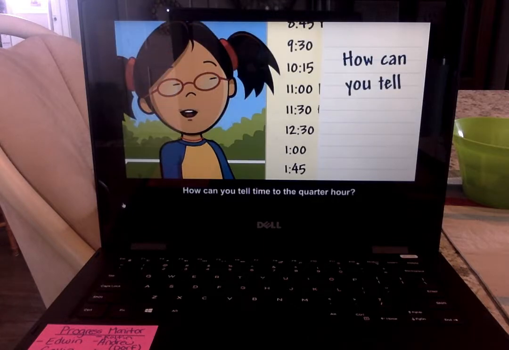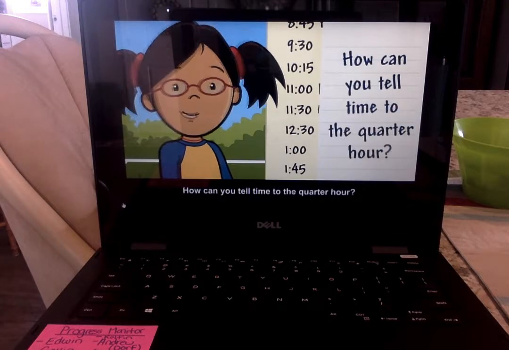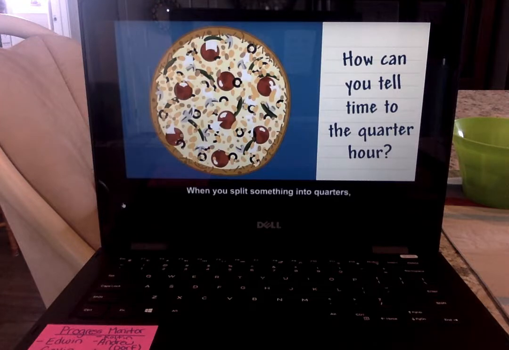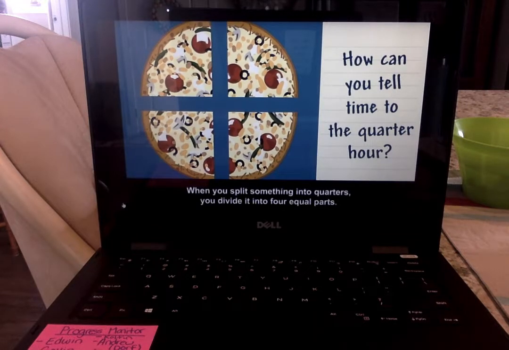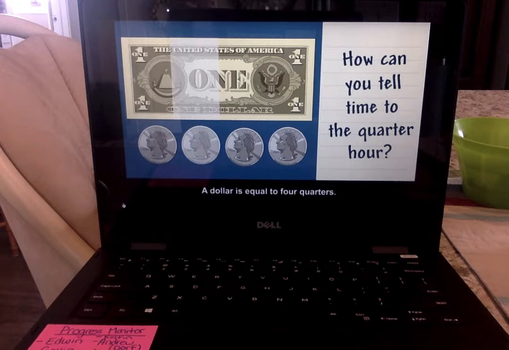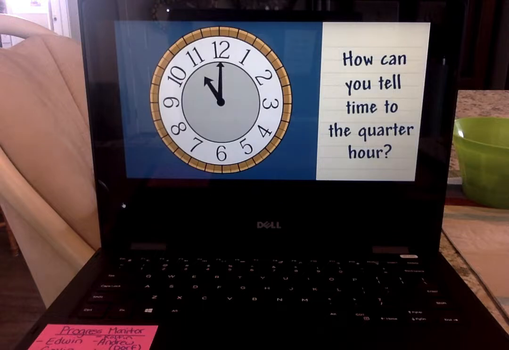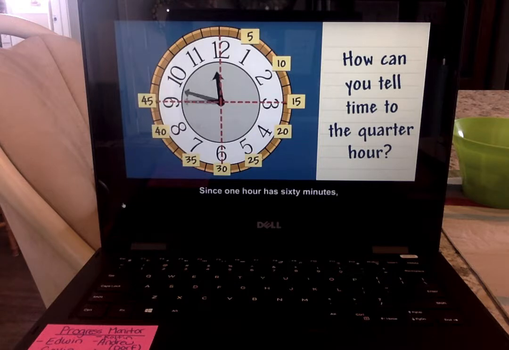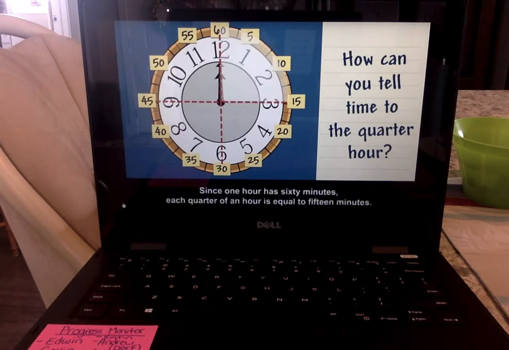How can you tell time to the quarter hour? When you split something into quarters, you divide it into 4 equal parts. $1 is equal to 4 quarters. An hour can be split into 4 quarter hours. Since 1 hour has 60 minutes, each quarter of an hour is equal to 15 minutes.